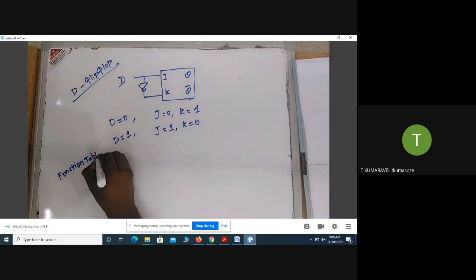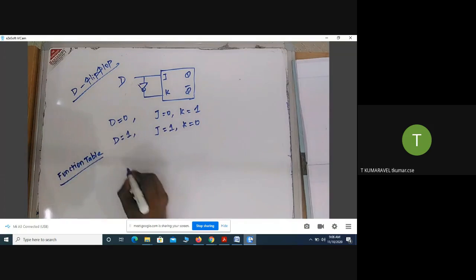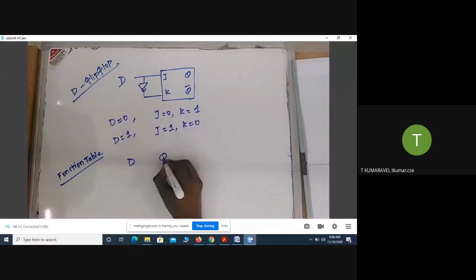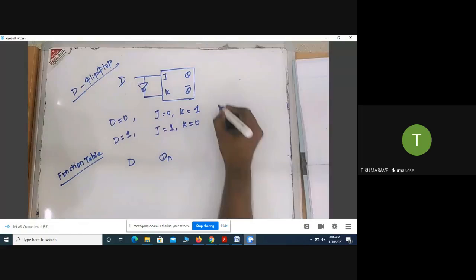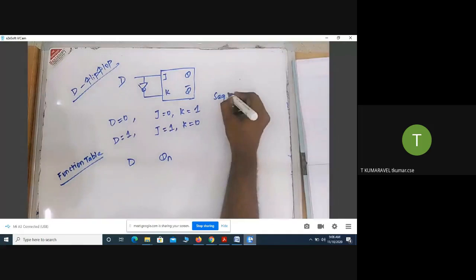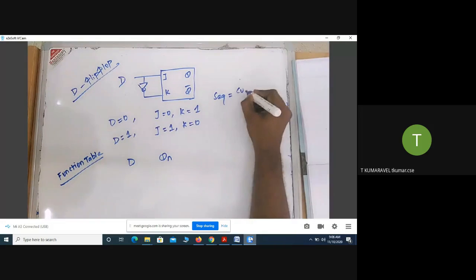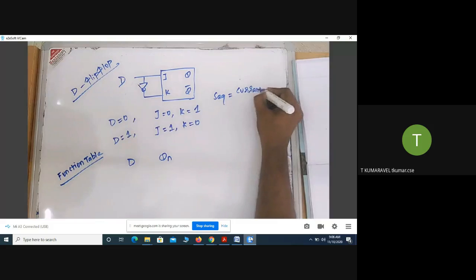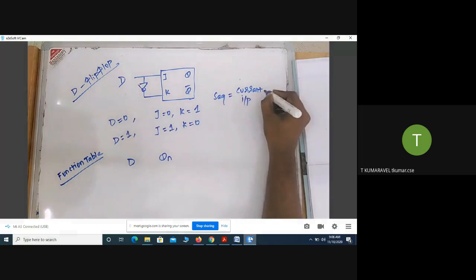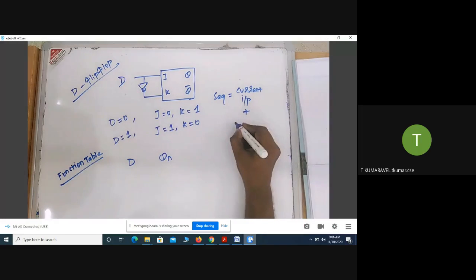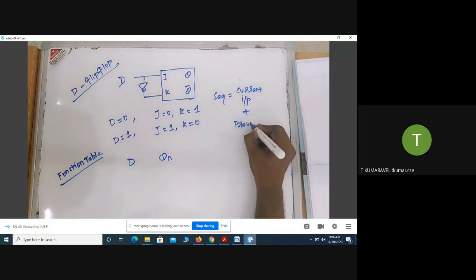So I'm taking input D, and then I'm going to take the previous state output because this is a sequential circuit. How does a sequential circuit work? It is the current input plus the previous state output.